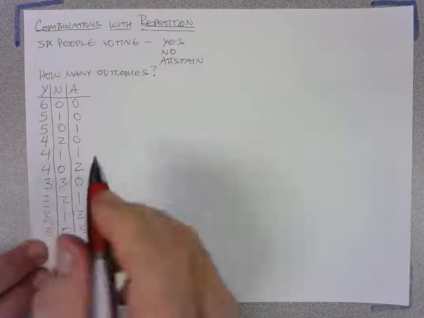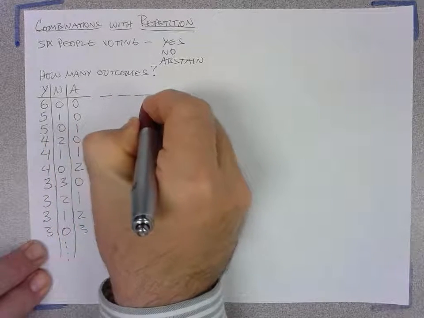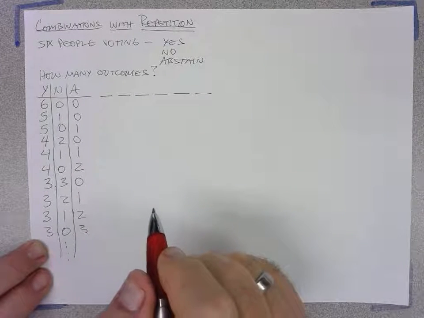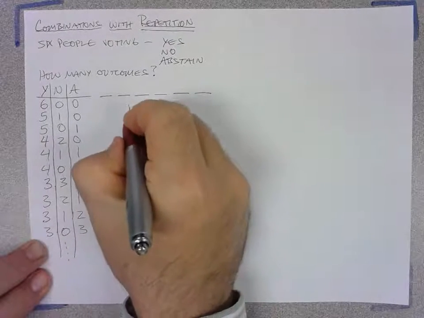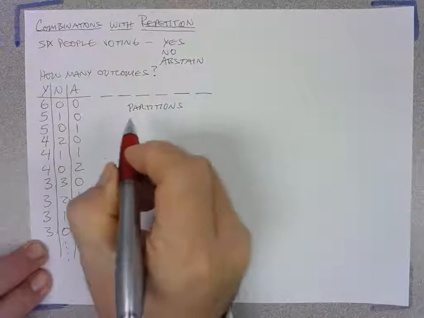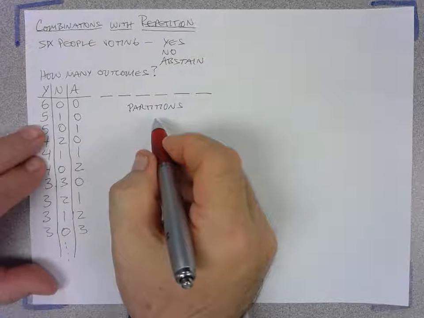There's 6 people voting. 1, 2, 3, 4, 5, 6. I want you to think about the idea of partitions, dividers. You're probably familiar with partitions.